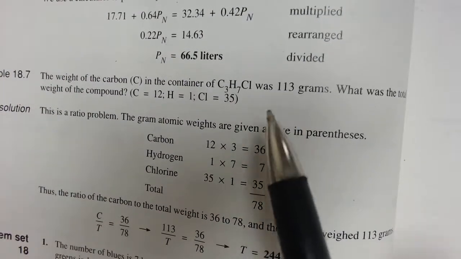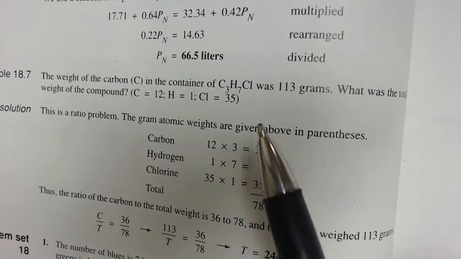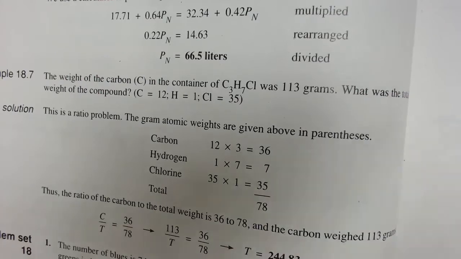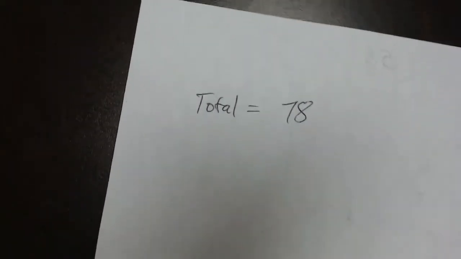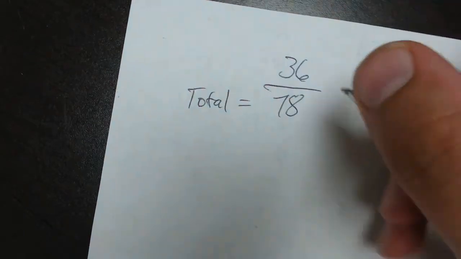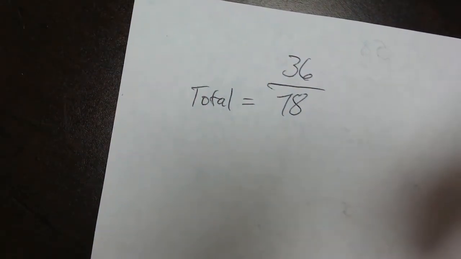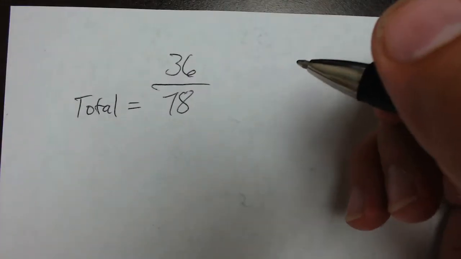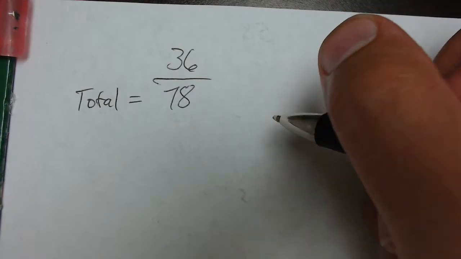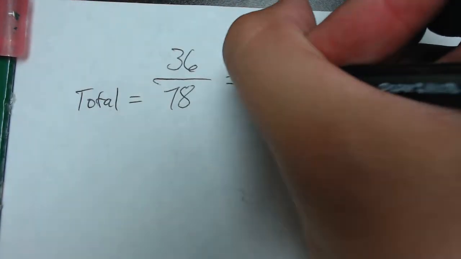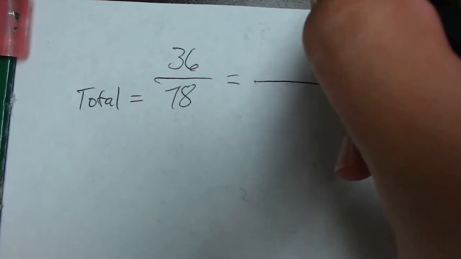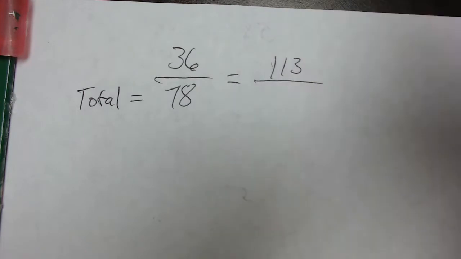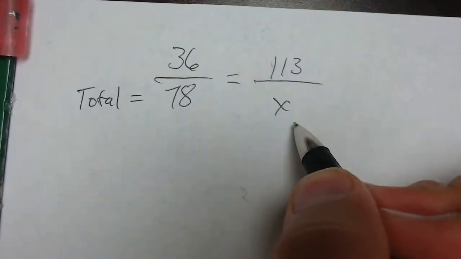So we have to come up with a ratio of carbon to the total weight, which in this case is going to be 36 to 78. Now that weight of carbon is not just the weight of carbon being 12, it's the 3 carbons in the molecule. So we have this ratio of 36 to 78 equal to the weight of the actual compound, which says carbon weighs 113 grams. So carbon to carbon, and then total to total.